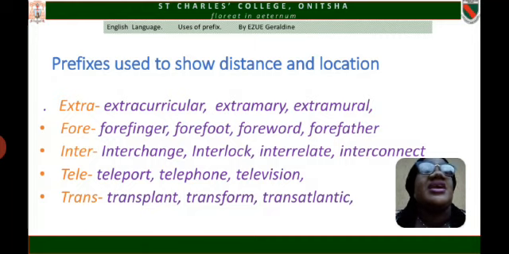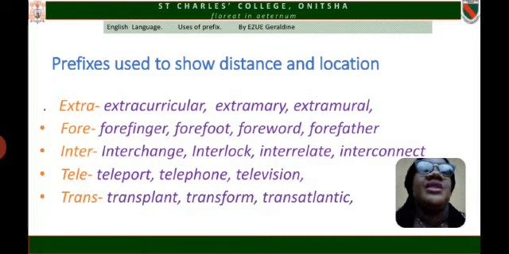We also have tele, which shows distance. Teleport shows location, a kind of abstract travel. Teleport, telephone, television. These are all prefixes we use to show distance and location. Television, somebody is showing something somewhere at a distance and you're watching it in your living room.